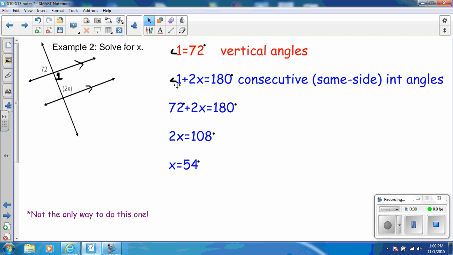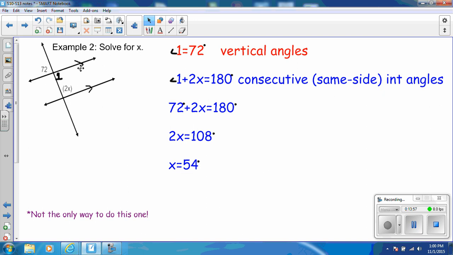Next I see that angle 1 and that 2x, they're consecutive or same side interior angles, so they are supplementary, they equal 180 degrees. I take that angle 1, that's 72, plug it in here, so 72 plus 2x equals 180. When I subtract 72 from each side, I get 2x equals 108 degrees. I divide by 2 to get x equals 54 degrees.